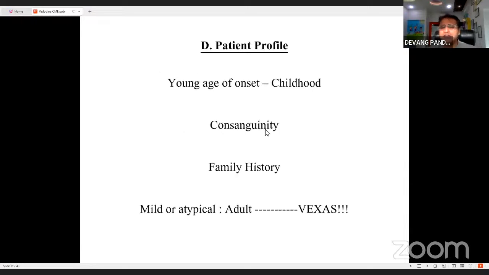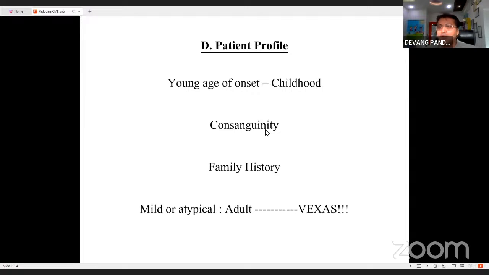And what is the usual patient profile? Usually the child presents at a young age of onset, less than 5 years of age, and many at 5 to 9 years of childhood age. But obviously there are many autoinflammatory disorders we know now in adolescents and adults as well.